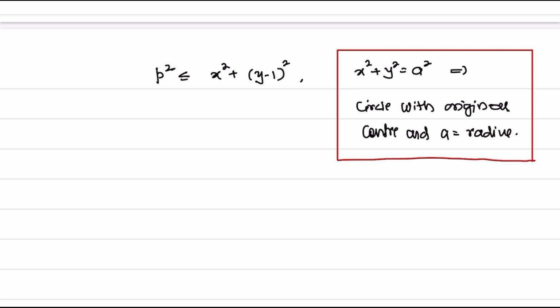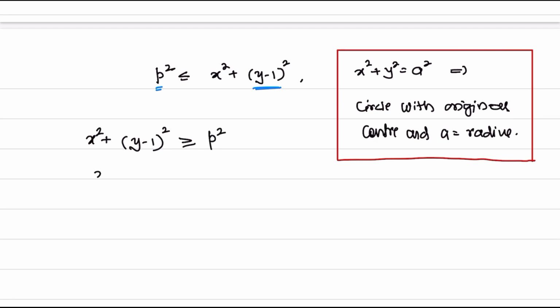Here p square is less than or equal to x square plus y minus 1 whole square. Here instead of y it is y minus 1. Here it is a square, here it is p square. When you reverse the sides, I have already explained, the inequality becomes opposite: greater than or equal to p square.